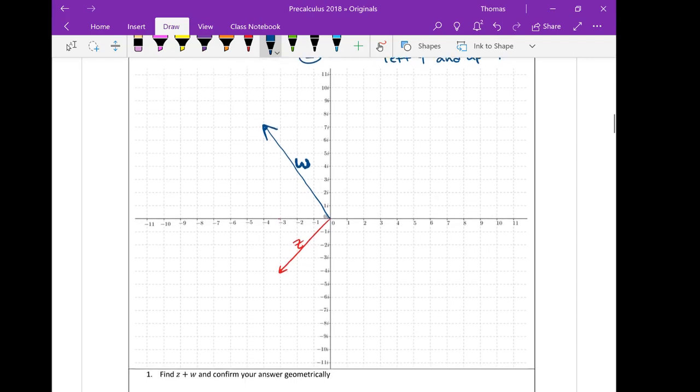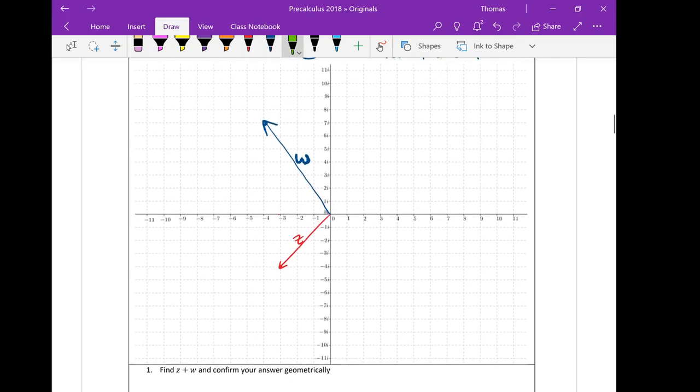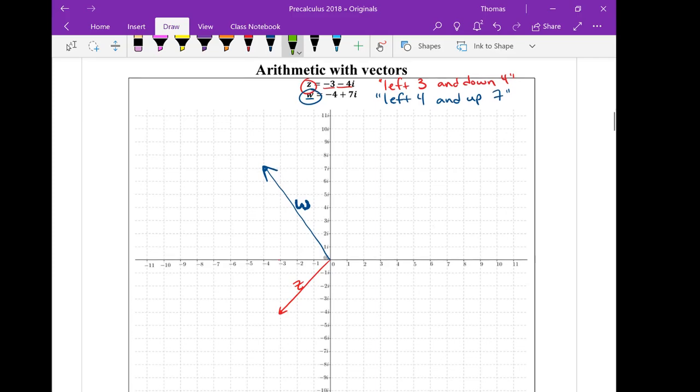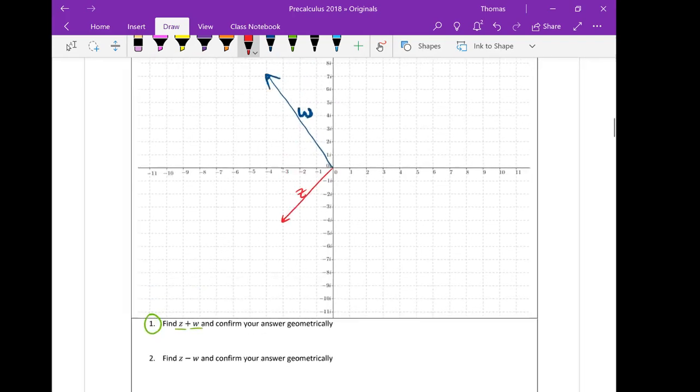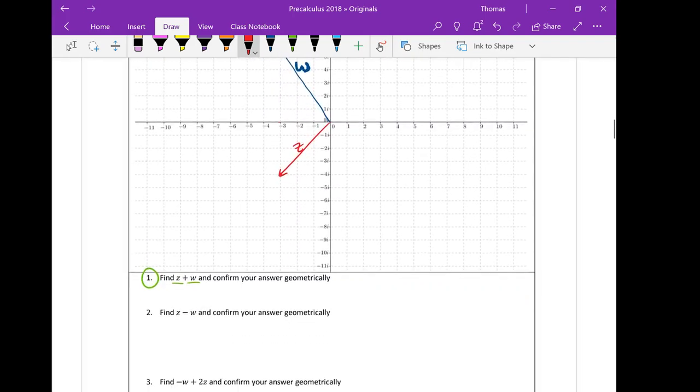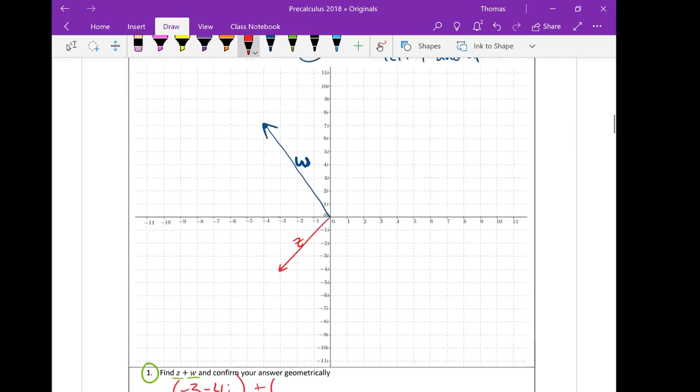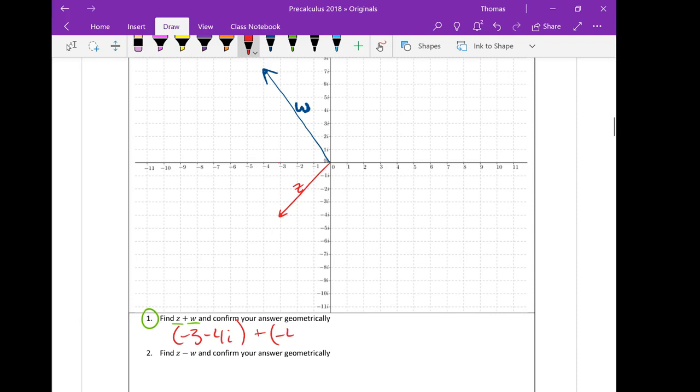Okay, so if we start to think about these vectors as sets of instructions, to do arithmetic, number 1 asks us to find z plus w. So we can do this on paper really quick. We already practiced this in lesson 5. Z is negative 3 minus 4i. W is negative 4 plus 7i.